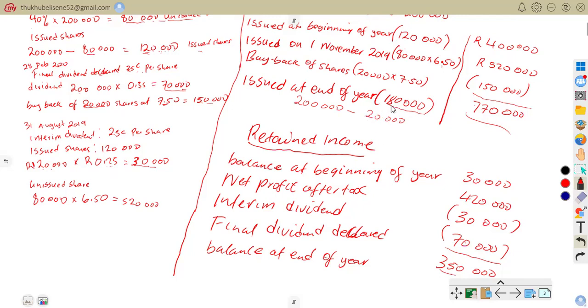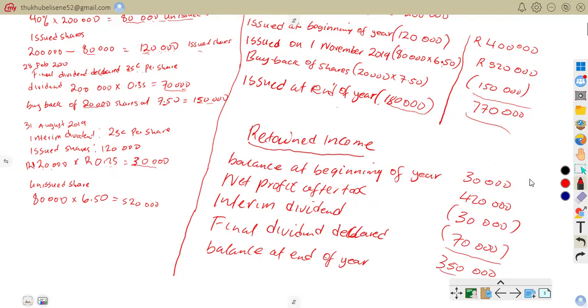So we subtracted 20,000 from 200,000 of our authorized share capital. So 200,000 minus 20,000 gives the issued shares at the end of the year. I wanted to clarify that so that no one can say they didn't understand. So that is that. Now we have to move on to 2.3, good people.